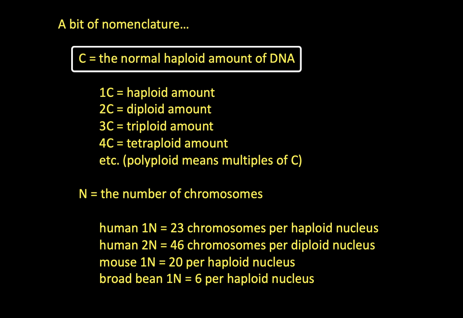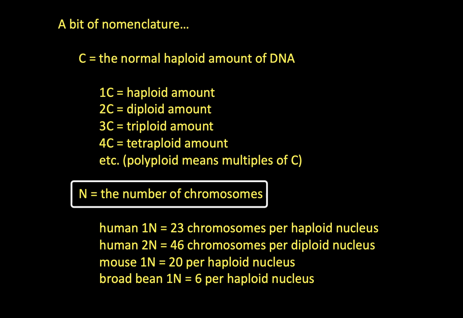So I need to talk a little bit about C numbers, that is the haploid amounts of DNA or the genome, and N is the chromosome number, because those can be different, and you can have different amounts of DNA and different numbers of chromosomes moving around in those cells.